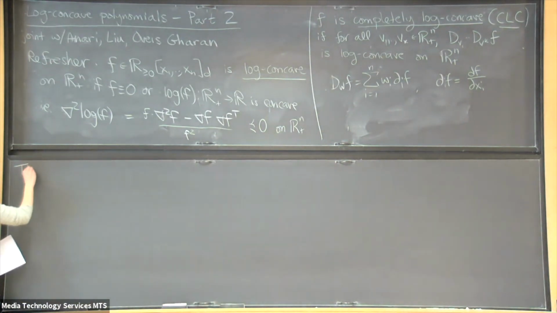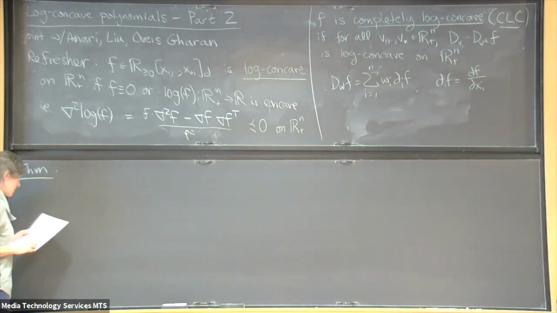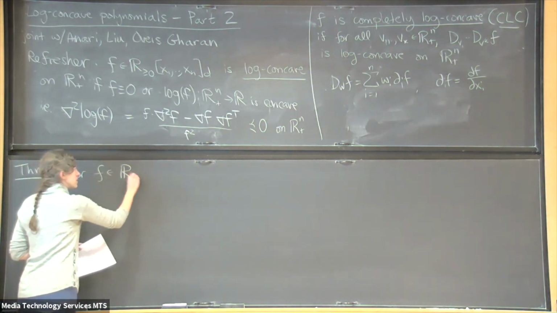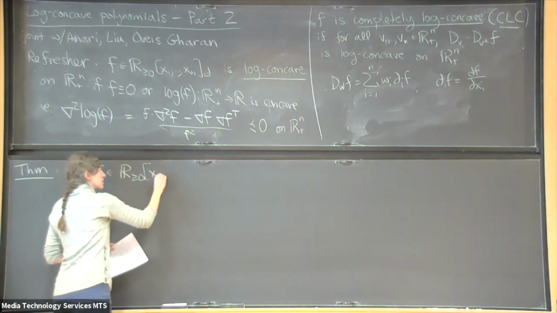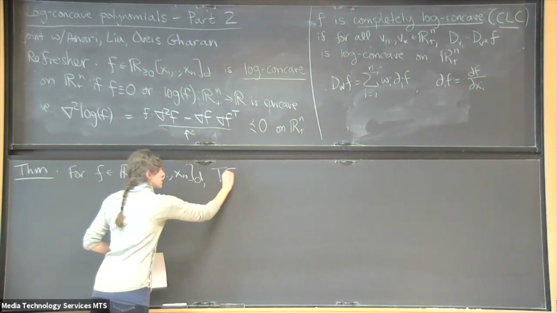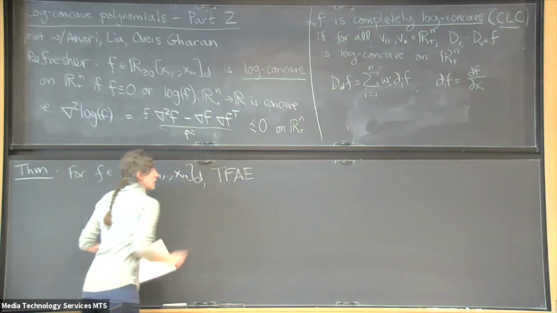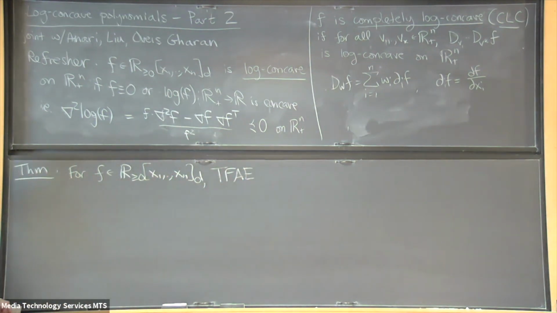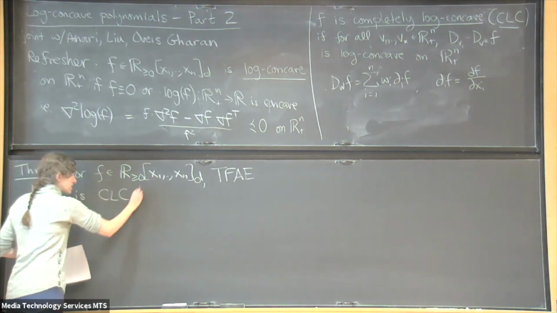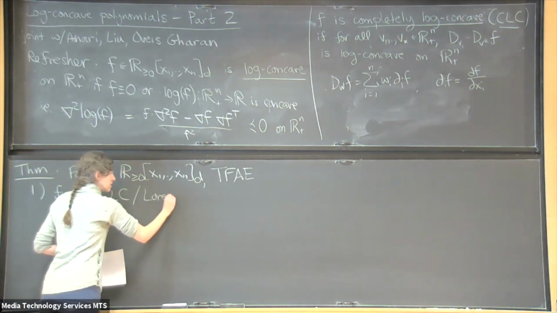And so last time we said that for such a polynomial, there's many independent characterizations of being completely log-concave, which is sometimes called Lorentzian.